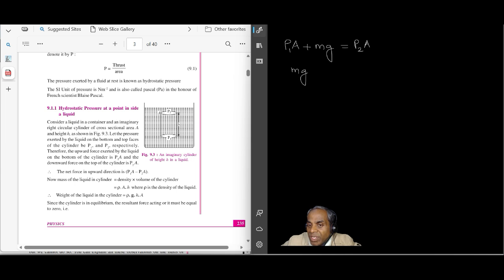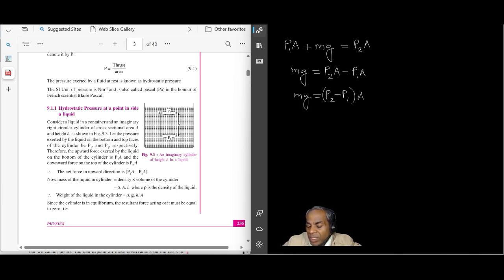So I can write mg is equal to P2A as it is, and when P1A goes on the right side, it will become minus P1A. Now we have A common in the two terms, so we will take it as common, and the uncommon terms we will write within the brackets. P2 minus P1 into A is equal to mg.